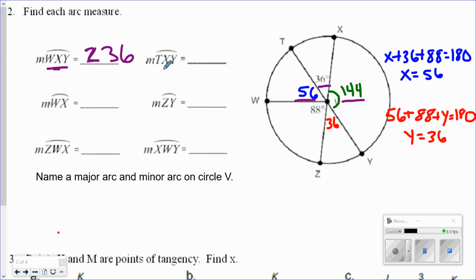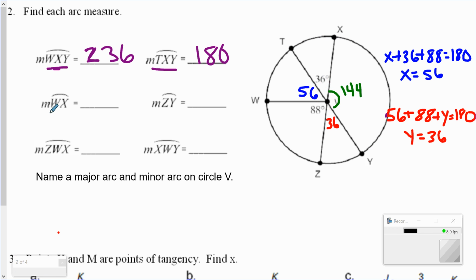Next, let's look at TXY. TXY is this arc here. This time I'm going to add up 36 and 144, and when I do so, I get 180.